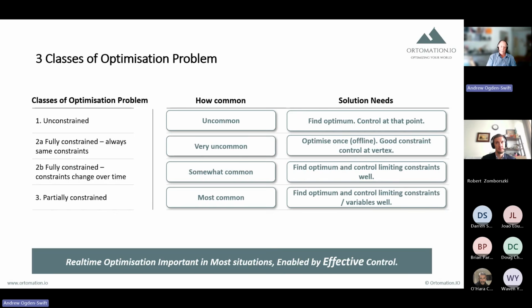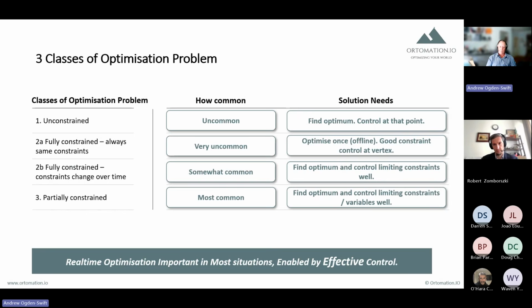Some questions people often ask is, why do we want to do this in real time and closed loop? In the late 1980s and 1990s, many companies tried doing it open loop and having the operators enter the set points recommended by the optimizer.